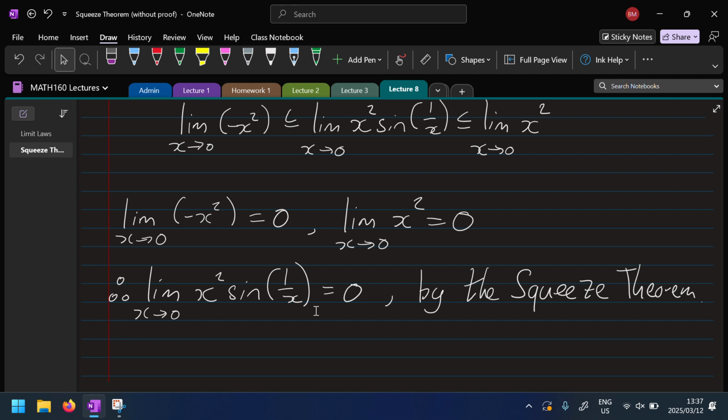All right. Any questions before we move on? No. Okay. There's plenty of squeeze theorem type problems in the tutorial, but remember, it doesn't tell you to use the squeeze theorem. You need to know when to use it. Okay, so again, the three things we can use, we've got the limit laws, we've got the squeeze theorem.